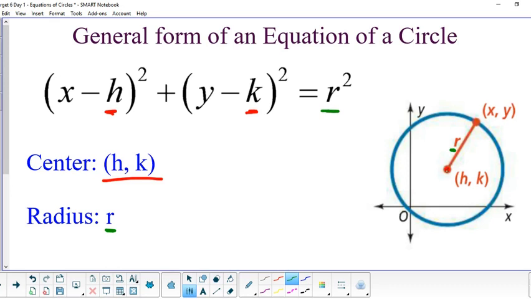R is the distance from the center of the circle to a point on the circle. Okay, all of this information, the center and the radius, we can get from this general form by pulling out the h, pulling out the k to represent our center, and then figuring out what the r is based on the r squared.